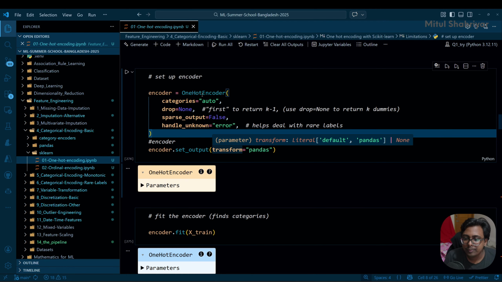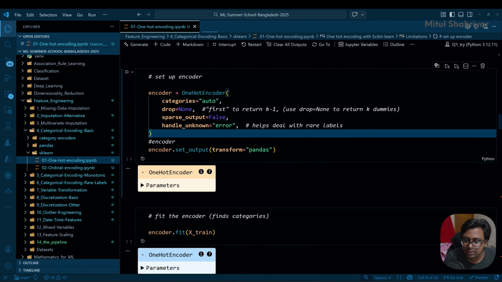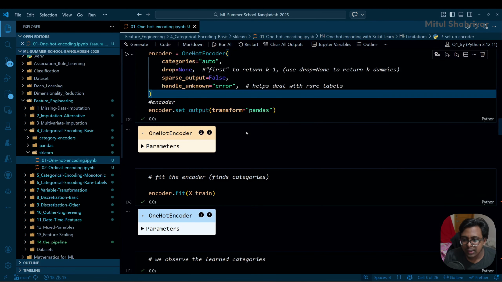I will show you. As it runs on the data, obviously it learns from it, and you can see sparse output should be false, handle unknown should be error. If there is an unknown thing for the real labels, it will cause an error, and that is an interesting thing which we need to know.